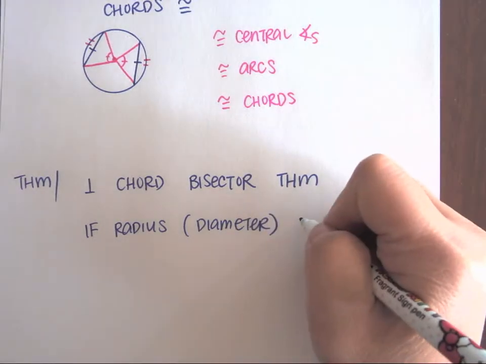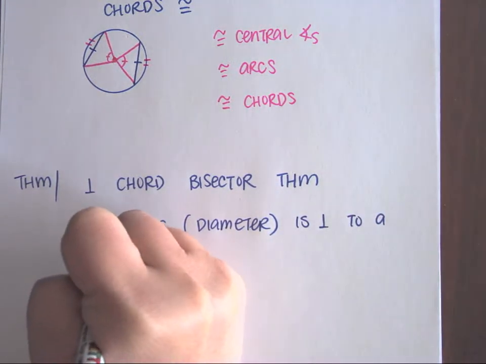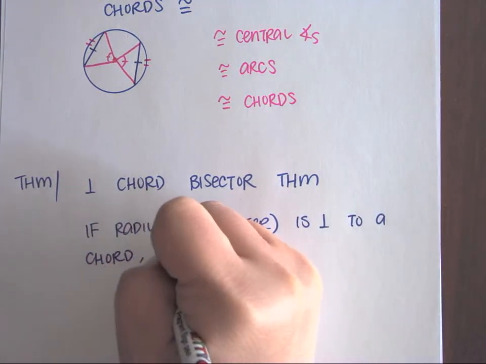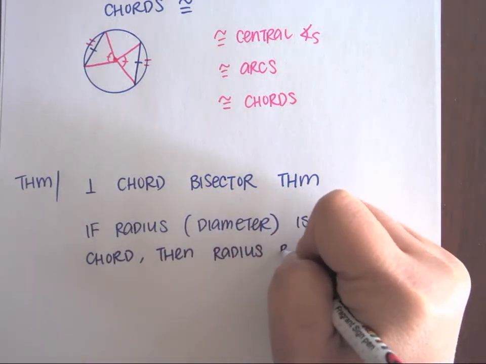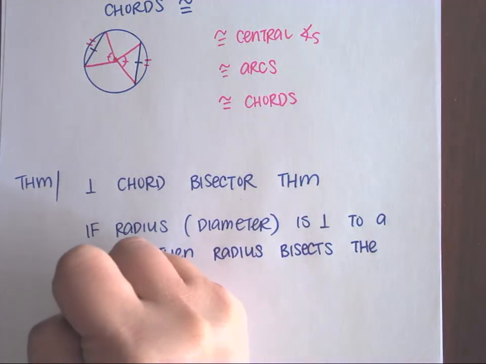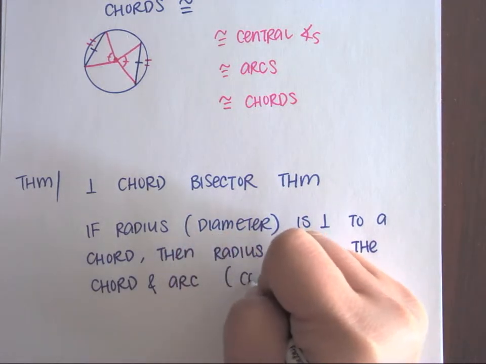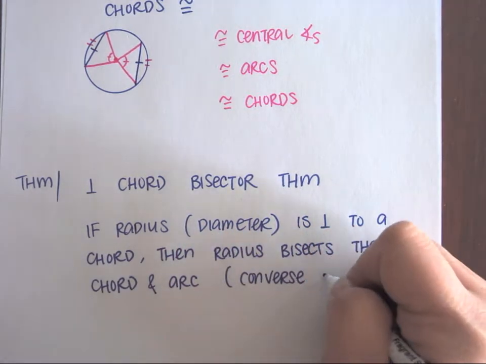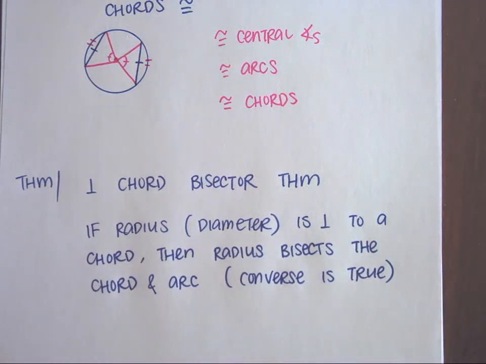So if the radius is perpendicular to a chord, then the radius bisects the chord and the arc. The converse is true too. If the radius bisects the chord and arc, then it is perpendicular to the chord.